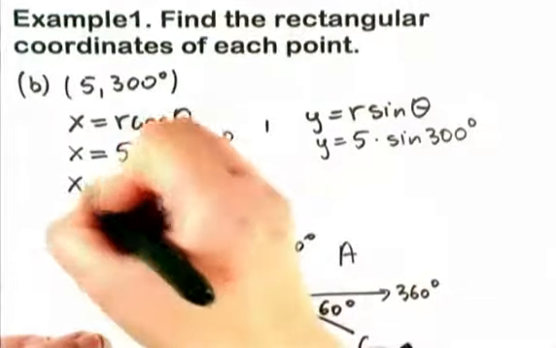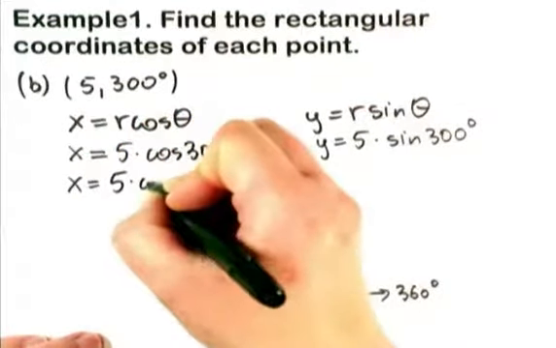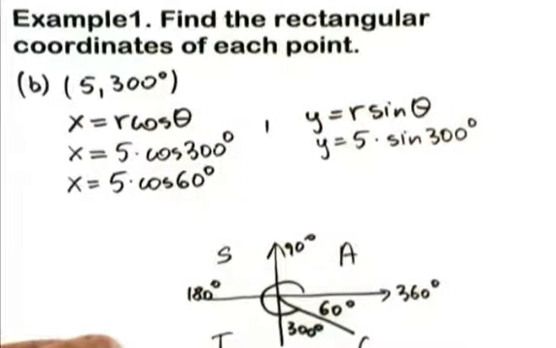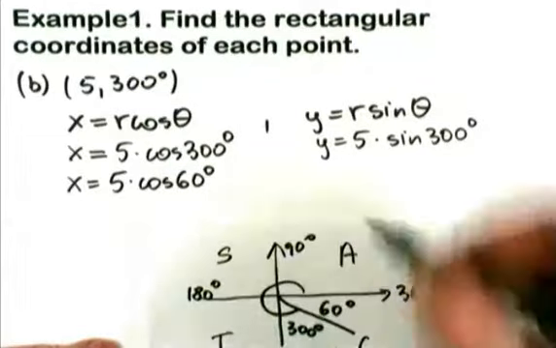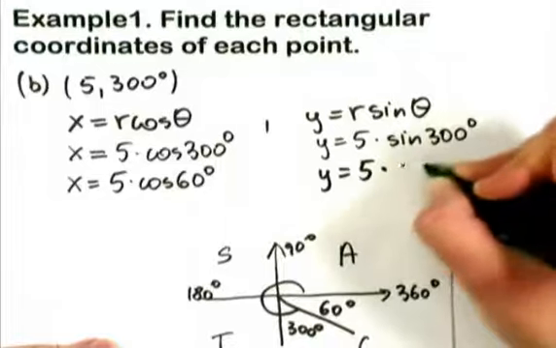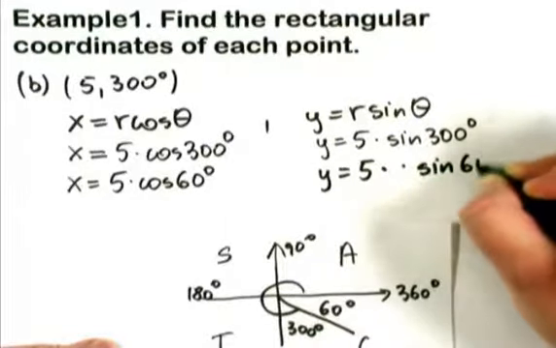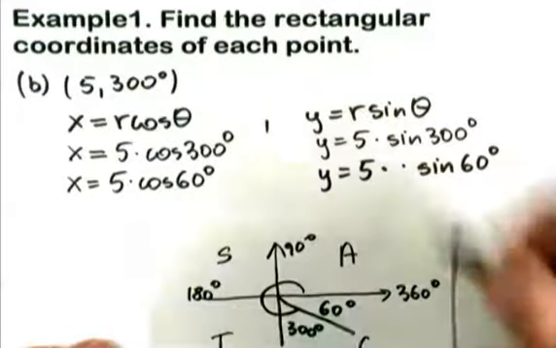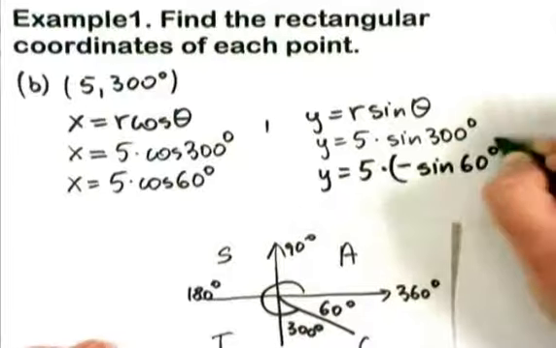So my x is equal to 5 times cos of the reference angle, which is 60 degrees. And my sine of 300 is going to be 5 times sine 60 degrees, but in the fourth quadrant only cos is positive, so this one is equivalent to minus.